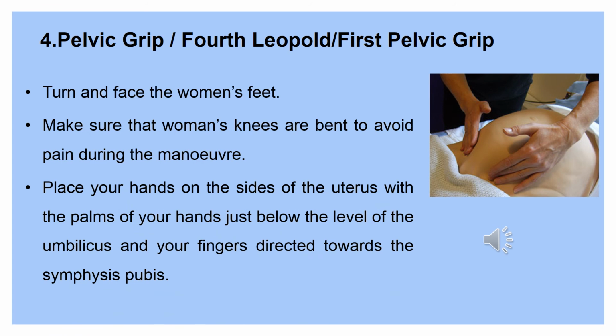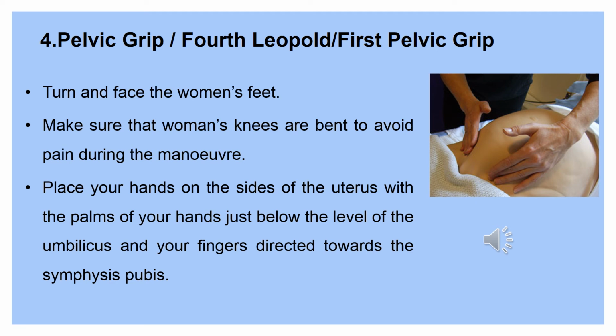Now the last step in the palpation, that is the pelvic grip, or fourth Leopold's maneuver, or second pelvic grip. Now you have to turn towards the patient's feet. Make sure that the woman's knees are bent to avoid pain or discomfort during the procedure.